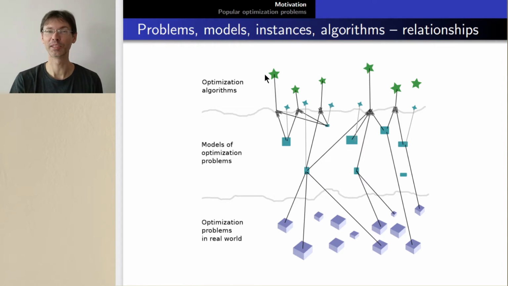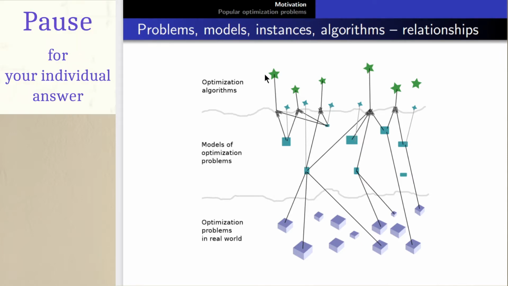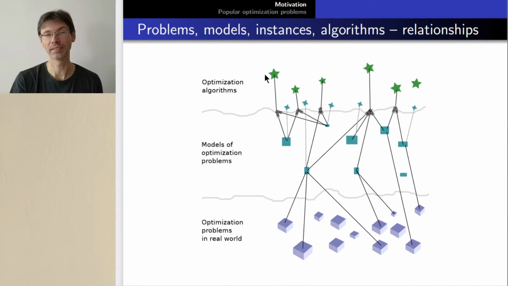So let's pause here and try to enumerate what optimization algorithms we talked about so far. I said 6 or 7, but some of them are not so practical and efficient.